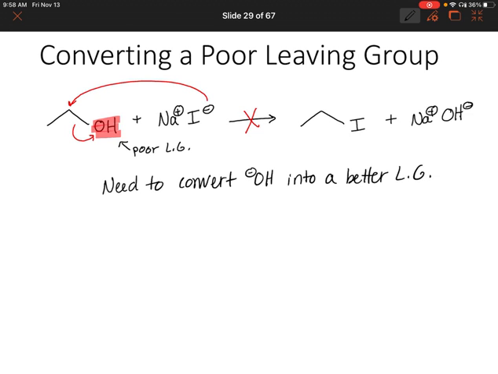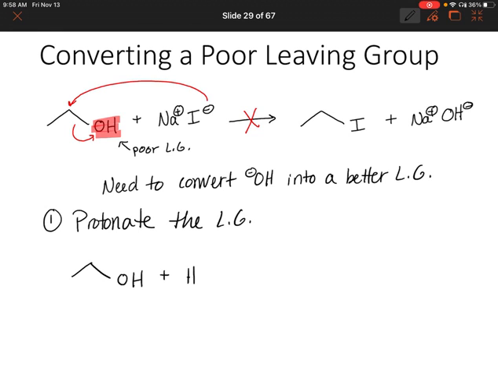So the first way is to protonate the leaving group. So instead of using sodium iodide, what if we use the acidic version of iodine, so hydroiodic acid?